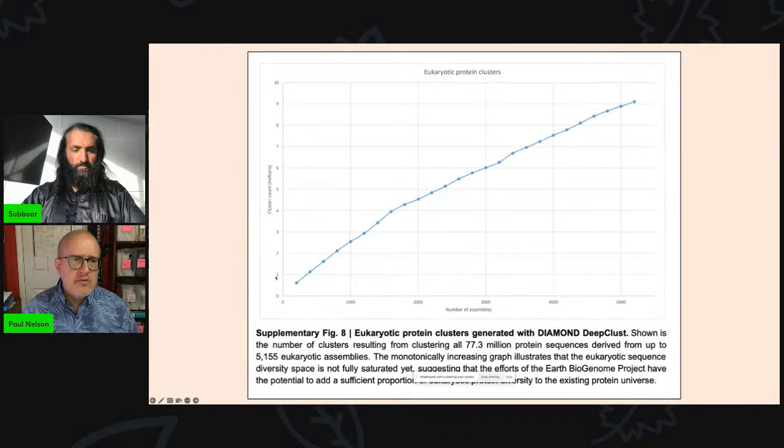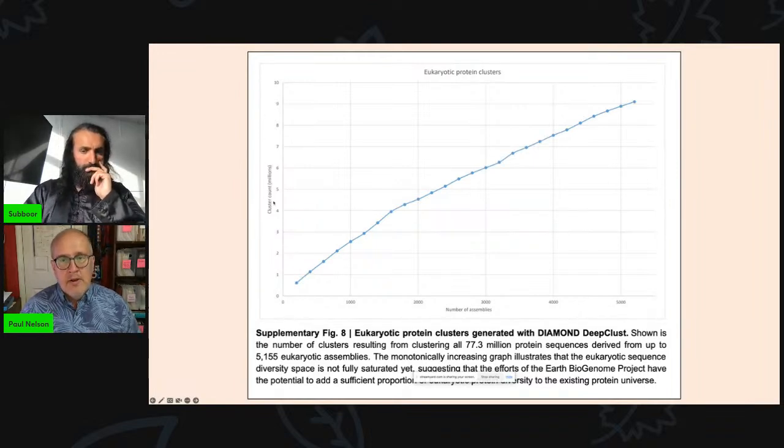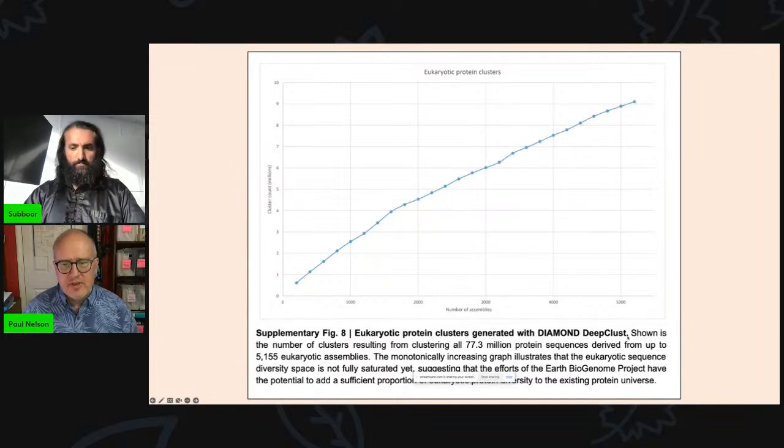And then along the vertical axis, we have the number of clusters. Now, notice that this curve is not coming down. It's a monotonically increasing trend. And in the caption to this figure, they say what this indicates is that there's a lot of diversity yet to be seen in the existing protein universe, because this line is just going off at roughly a 45-degree angle. It's not flattening.